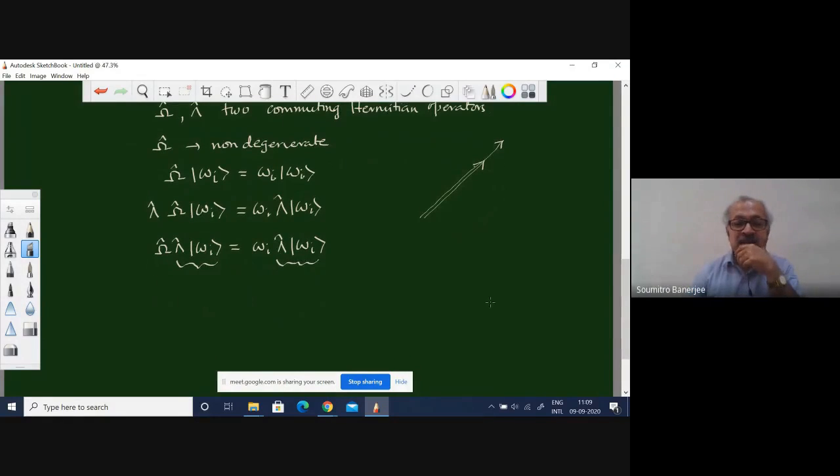The conclusion is that omega and lambda, these two operators, have simultaneous eigenvectors.